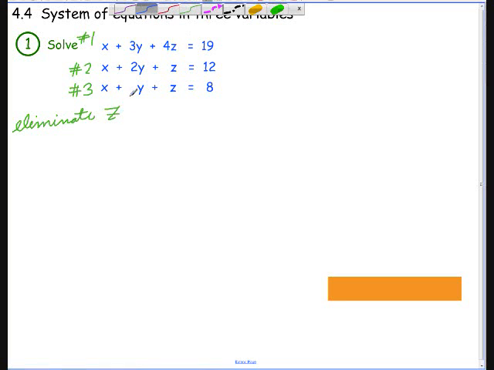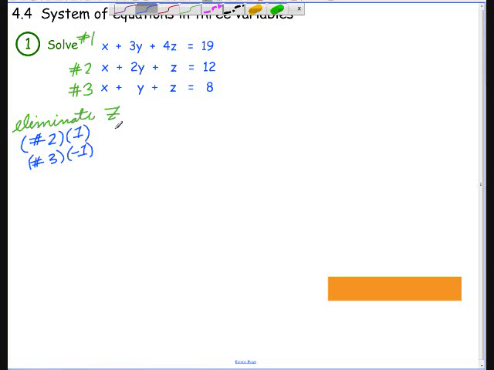Let's go for it. All I have to do for that one is to multiply the third equation by -1. So number 2, I'm not going to change at all. Let's say I multiply it by 1. And number 3, I'm going to multiply that by a negative 1.